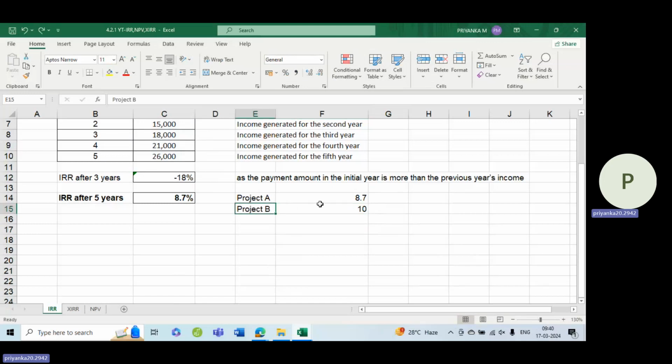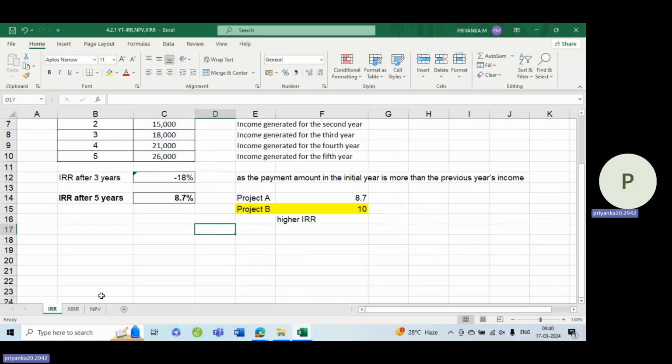I'll prefer project B because it offers me the highest internal rate of return. Can you understand how this concept works? After calculating using IRR, the project with the higher IRR will be preferred. So this is the concept of IRR.